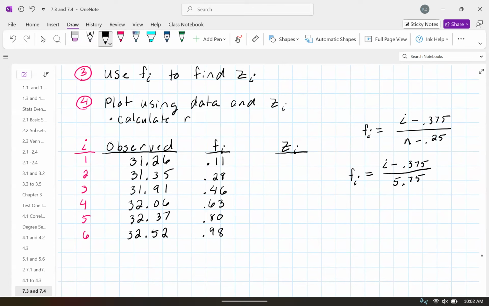Let me clean this up a little. So it means those values are probably going to be wrong.